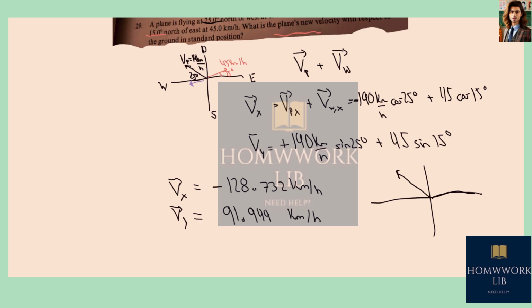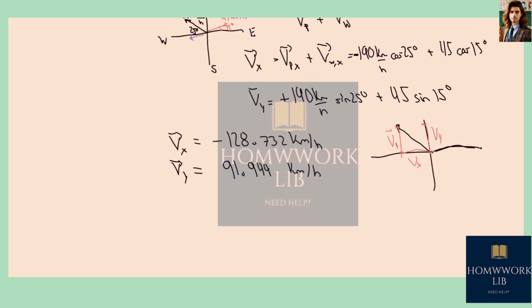So what we know is that according to the positions, the final vector over here is going to be pointing in this direction, and the final velocity would have the component Vx and the component Vy, which is the same as the component over here, V on y. Okay, so the total magnitude of the velocity would be the square root of Vx squared plus Vy squared.